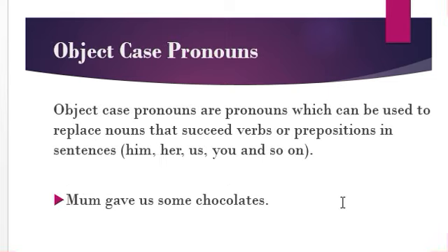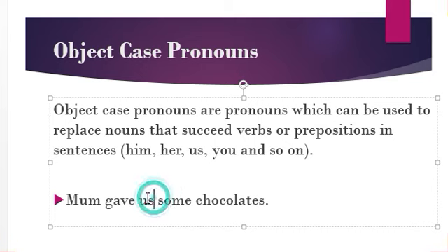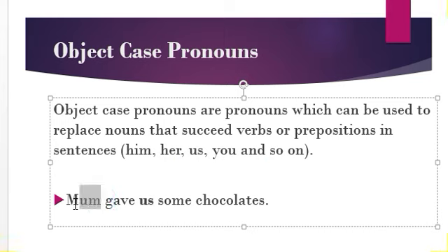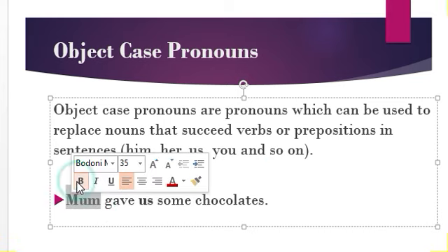We have object case pronouns. Object case pronouns are pronouns which are used to replace nouns that succeed verbs. They come after verbs or prepositions. You can see, Mom gave us some chocolates. Us here, maybe us is replacing my brother and I, or maybe Rachel and her sister.